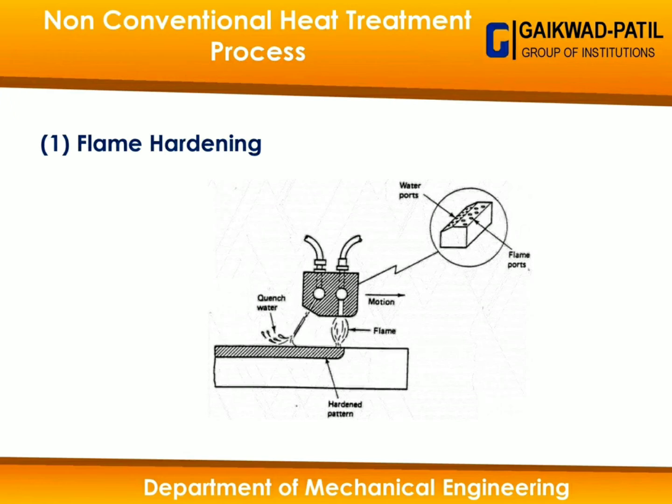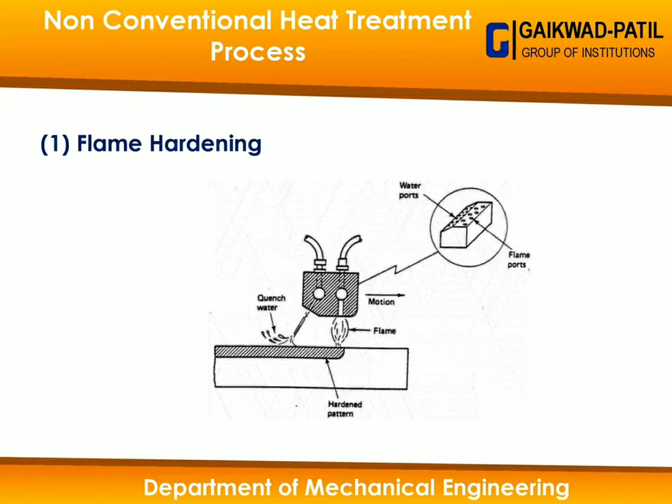So, let's see first the flame hardening heat treatment cycle, in which an oxyacetylene flame is used to harden the metal. As we have seen in the diagram, at one end of this apparatus a nozzle of the oxyacetylene flame is fitted.